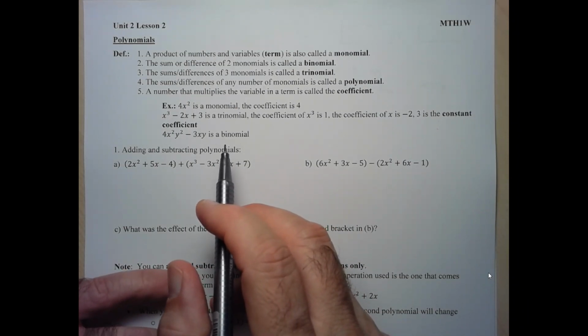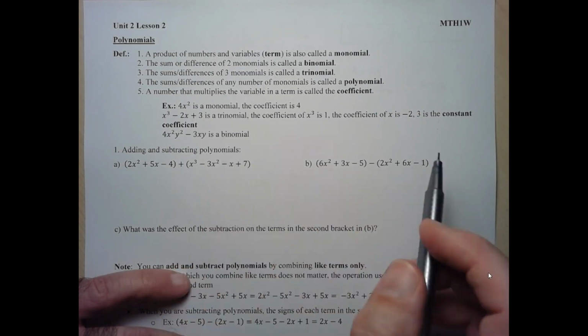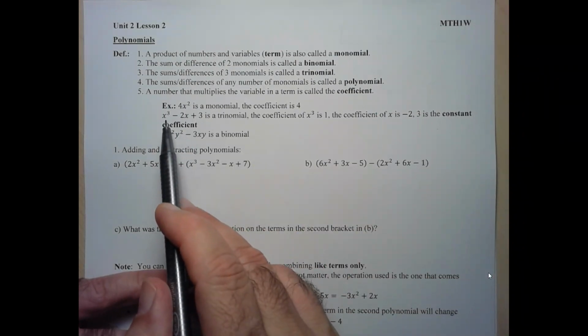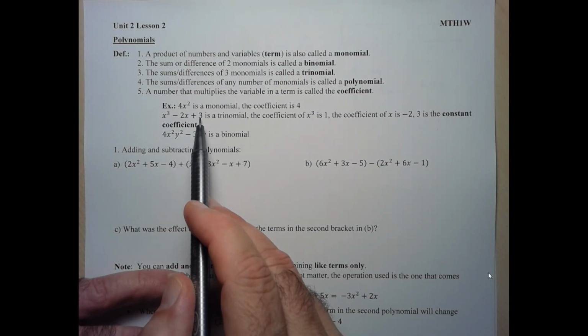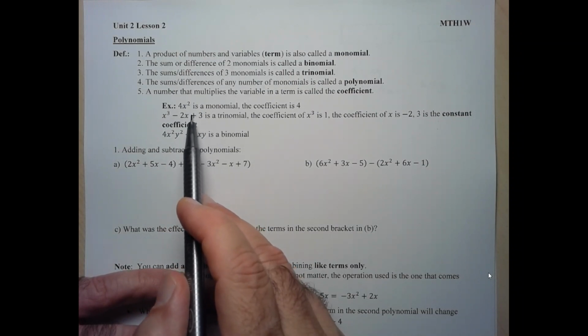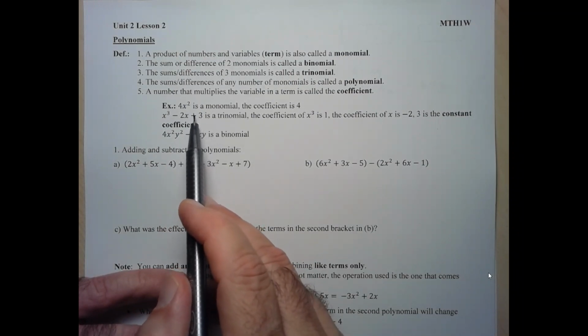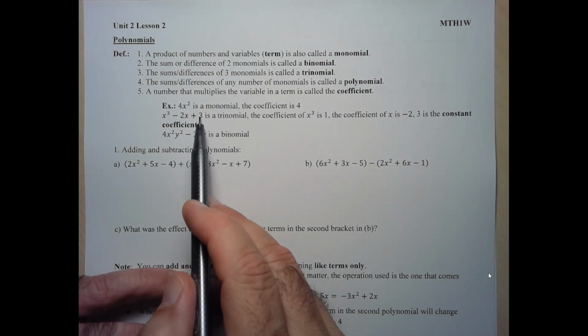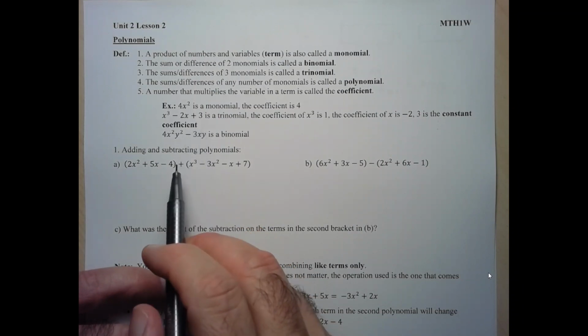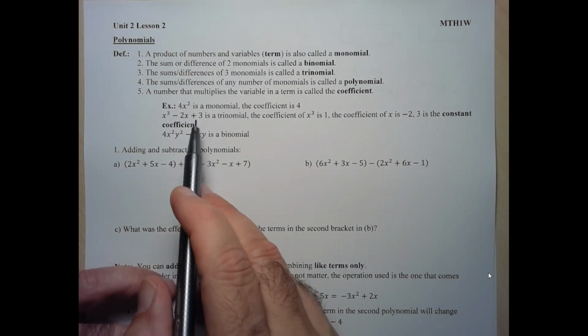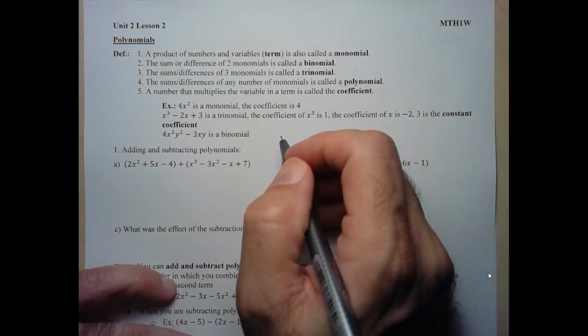All right. Now, one other term that I'll bring up is, say you've got an expression like x cubed minus 2x plus 3. If you take a look at that last term, just 3 on its own, you might say, hey, wait a minute, 3 on its own, there's no variable. I'm not multiplying by a variable. Well, you can think of it as multiplying by a variable.